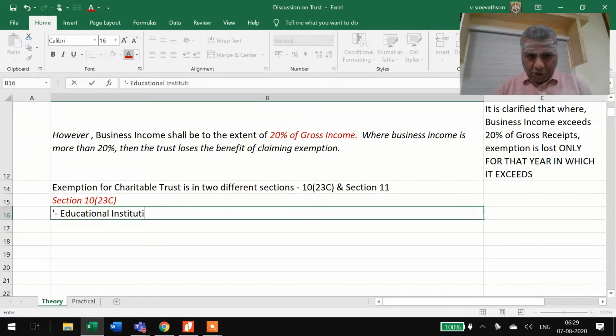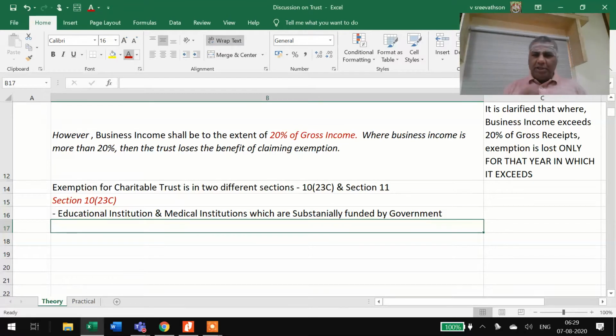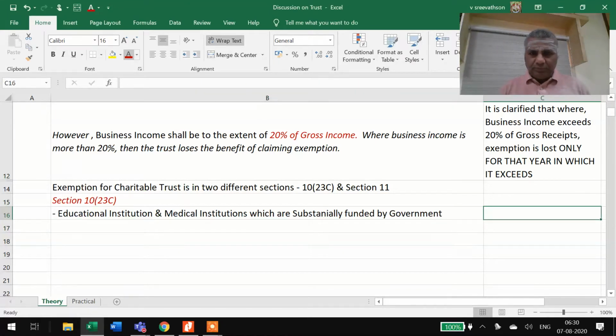Educational institutions and medical institutions which are substantially funded by government. You can write it as a note. I am writing it here because when you refer to the Excel, it will be easy for you. You can write it under that note.